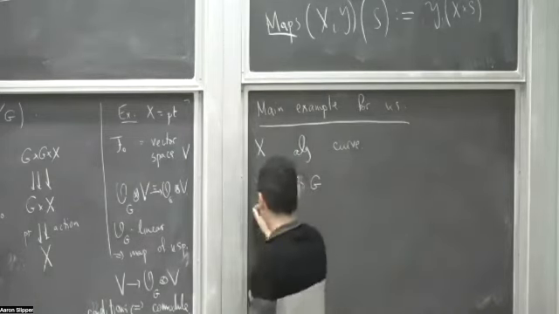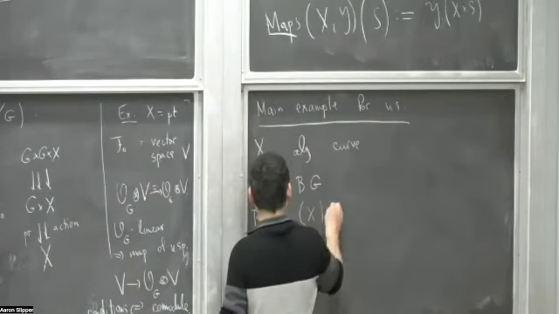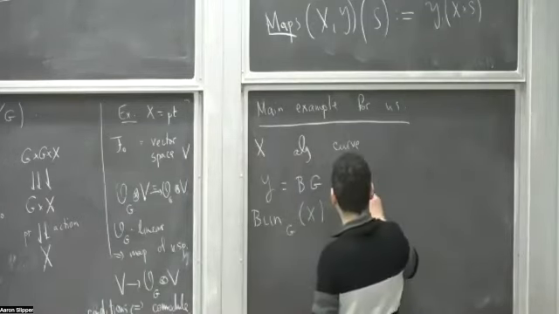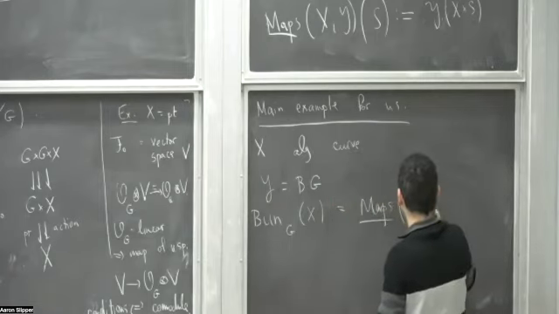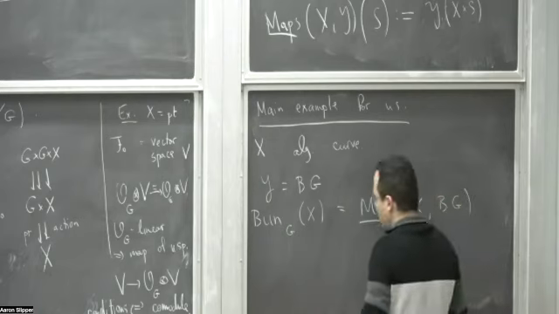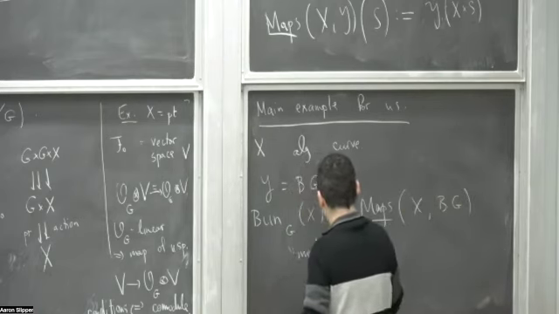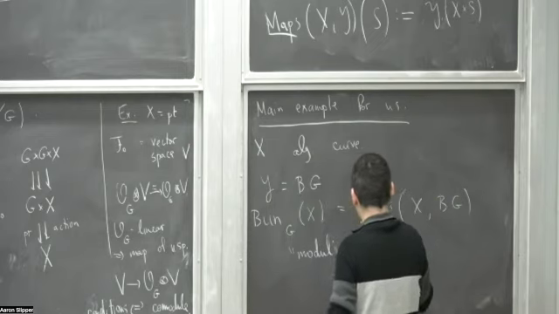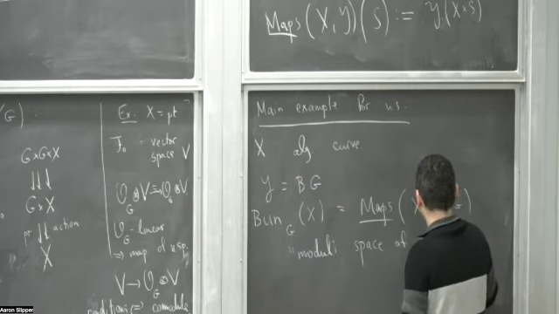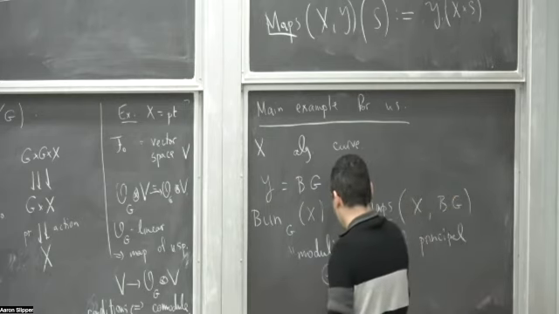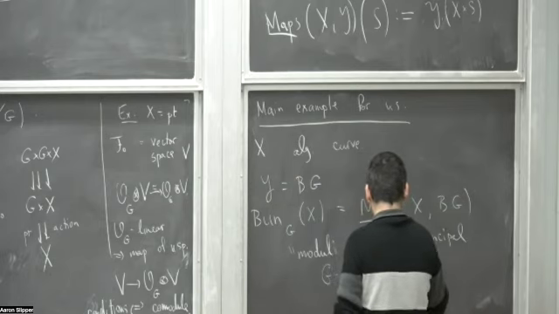So let's define BunG of X. This is defined as this kind of internal maps from X to BG. So this is the moduli space of principal G-bundles on X.